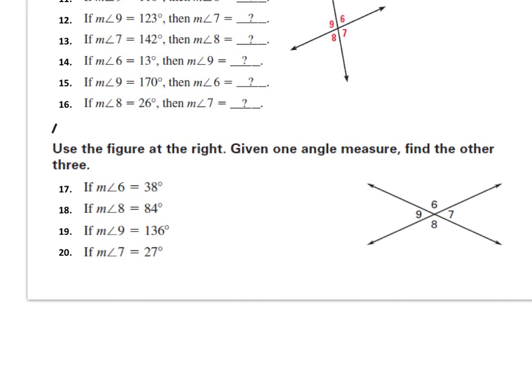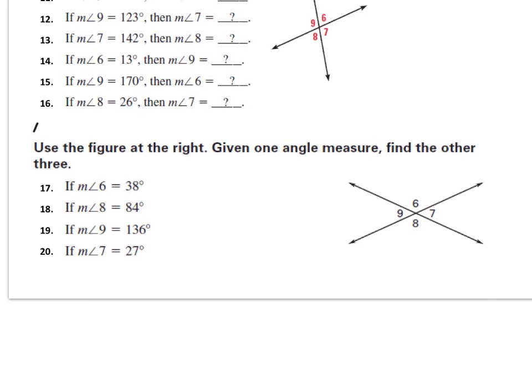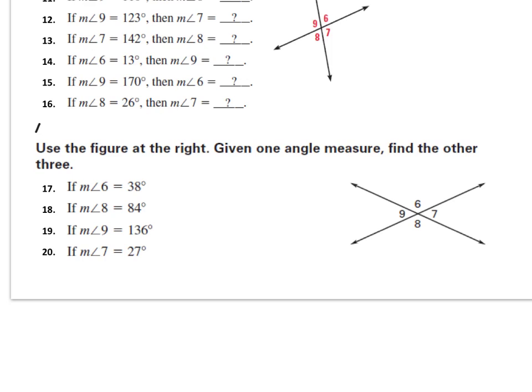Let's do 17 quick. So it tells us that the measure of angle 6 is 38 degrees. And it wants us to find the measure of angle 7, 8, and 9. So 6 and 7 are a linear pair. They have to add to 180. So if 6 is 38, 7 has to be 142.